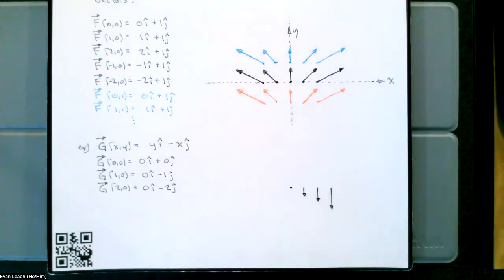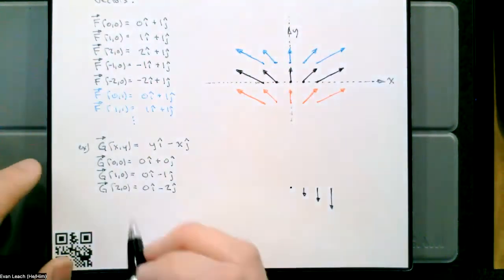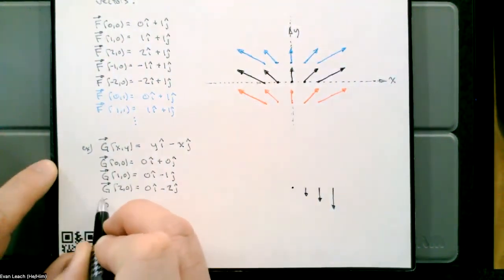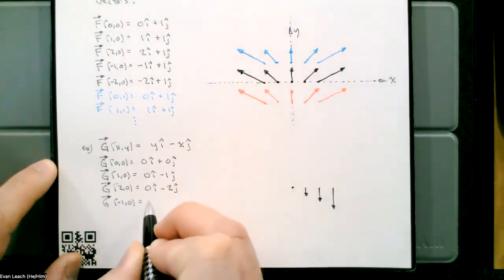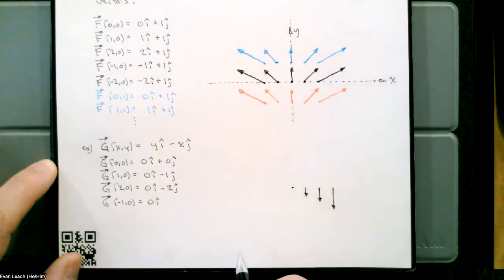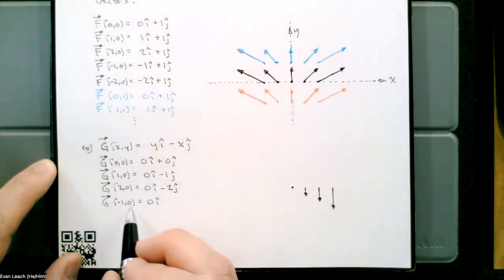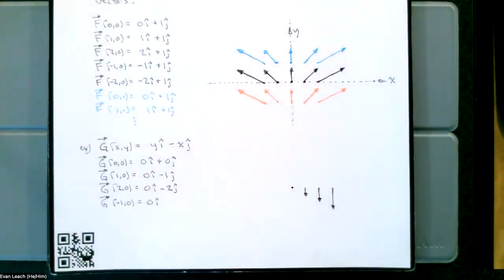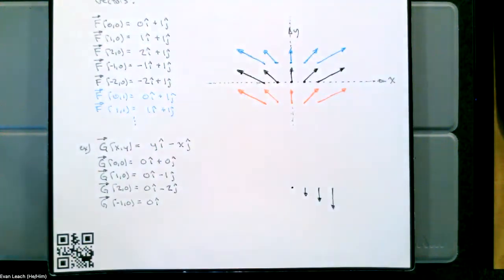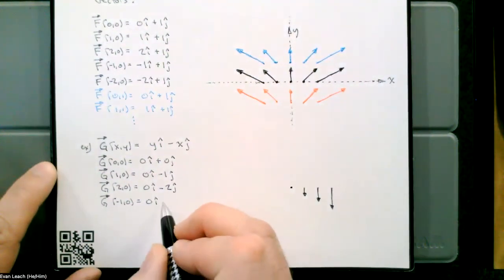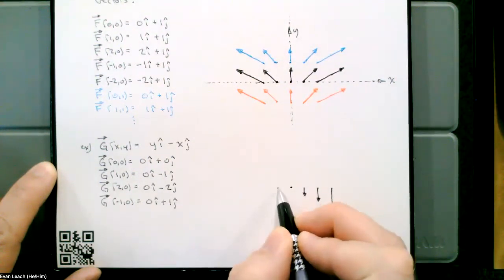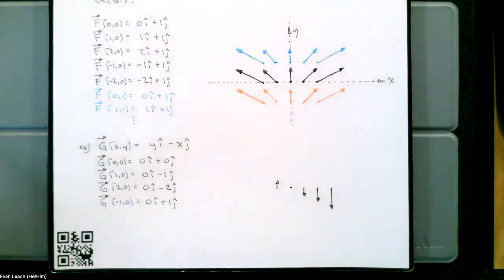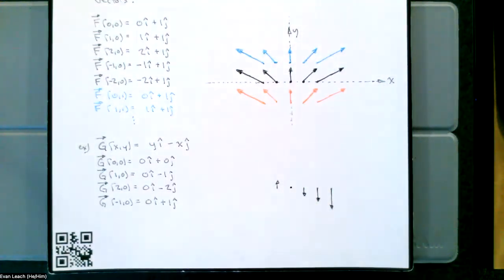If I look at what's going on the other side, so if I keep this Y at 0, I'm going to get no movement on the X. So 0i, but this time it'll be minus a minus 1, so plus 1j. So on this side, I've got vectors pointing the other direction.